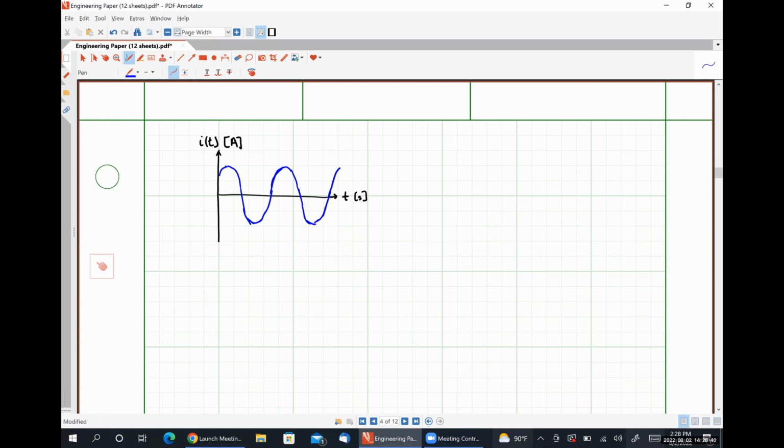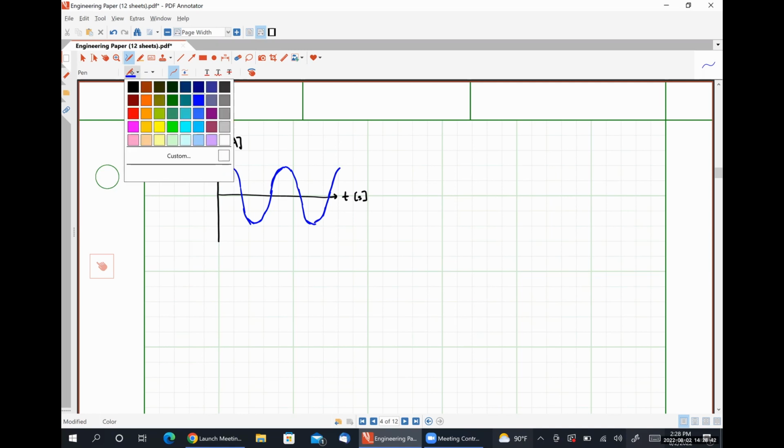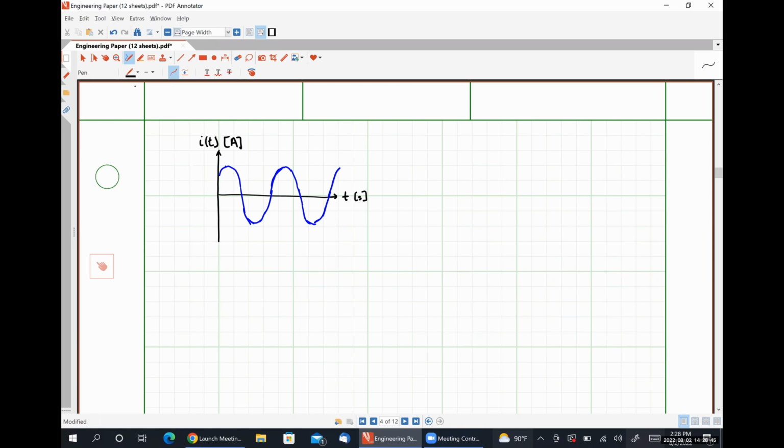So mathematically, I of t, sorry, let's make this Im, is given by Im cosine omega t plus some phase angle theta I, which in the way that I've depicted this signal is non-zero.